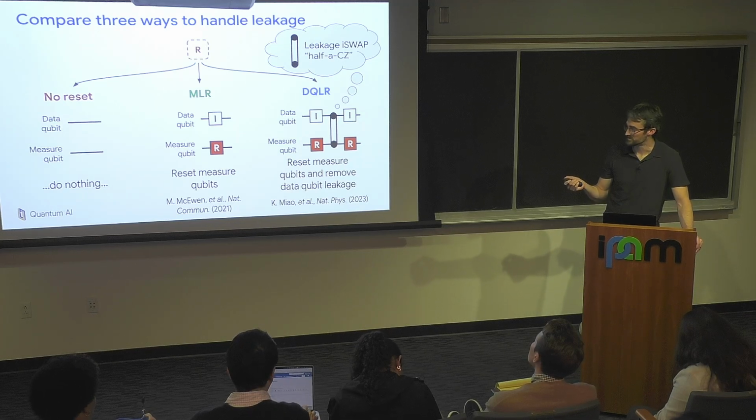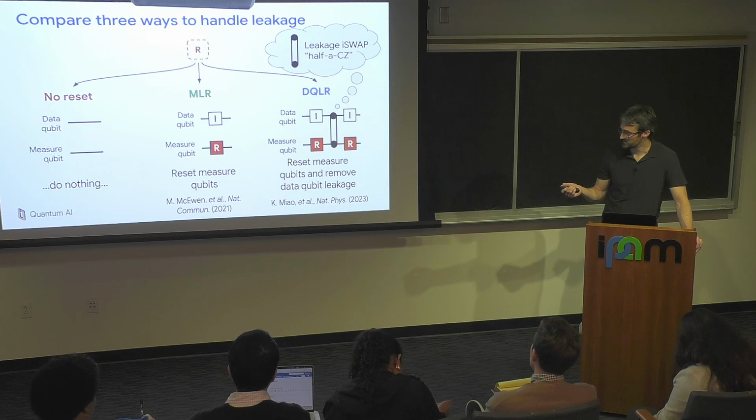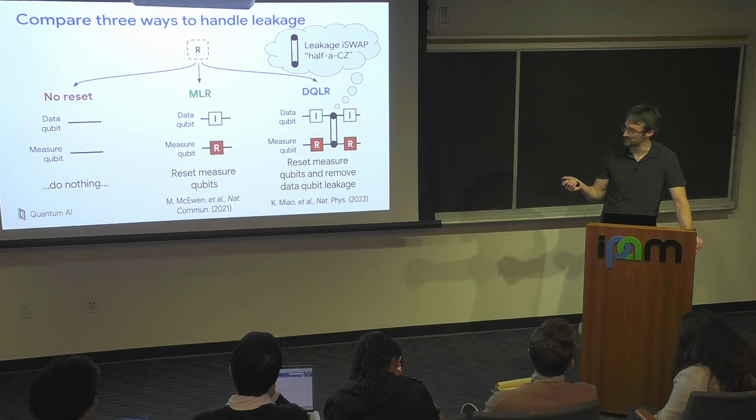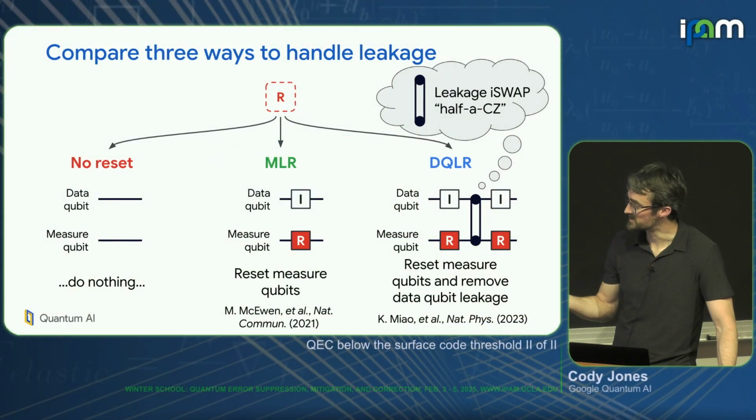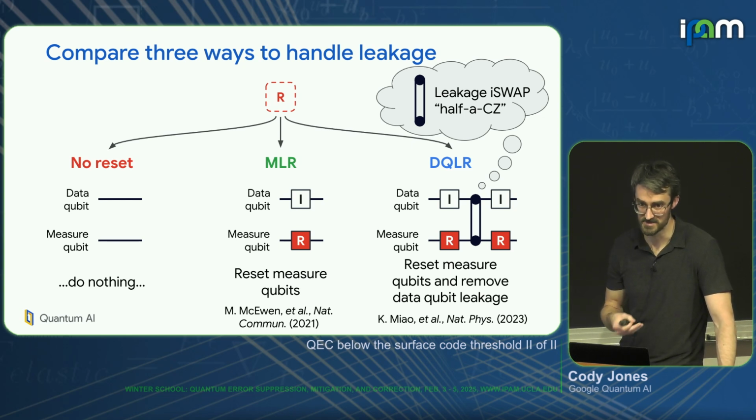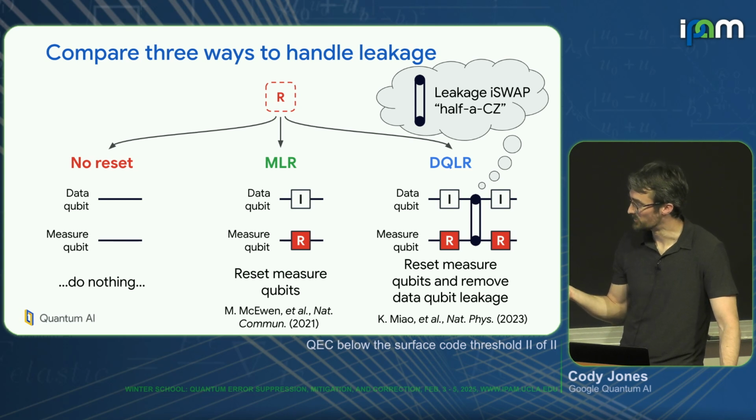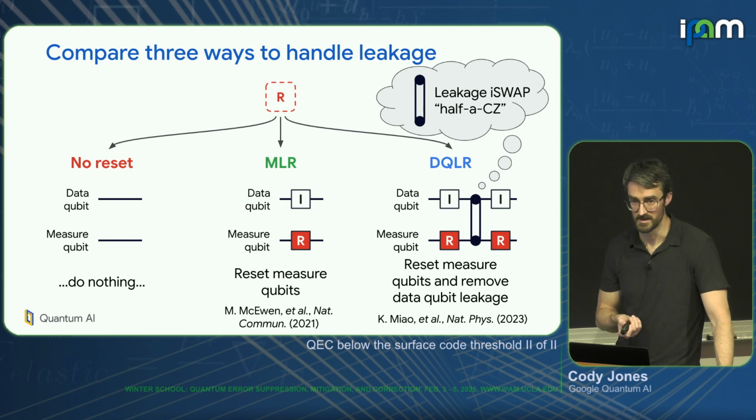It's a swap operation where if the bottom qubit is in the 0 state and the top qubit is in the 2 state, the lowest leakage state, then what it does is it swaps a single excitation over here. And that takes you from 2,0 to 1,1. Now a 1 state up top is no longer leaked. It's now back into a qubit state. And a 1 state down here is just undesirable, and we want to reset it.